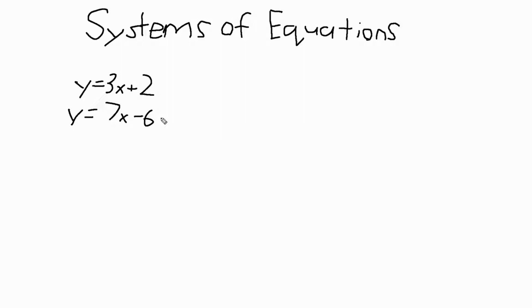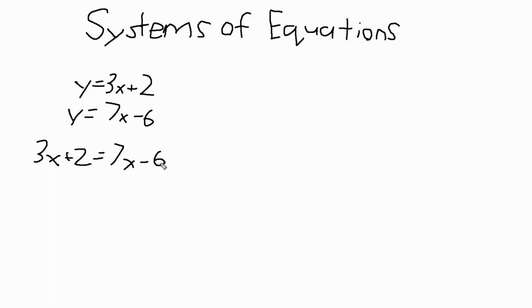Now in order to solve for this, we just need to say 3x plus 2 is equal to 7x minus 6. Now we were able to do this because they are both equal to y, which means they have to both be equal to each other. So now what we do, just like the last one, is simplify it.